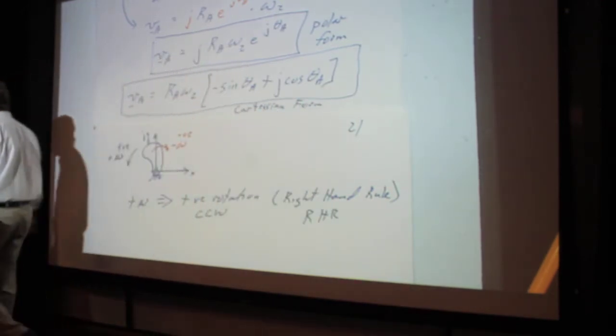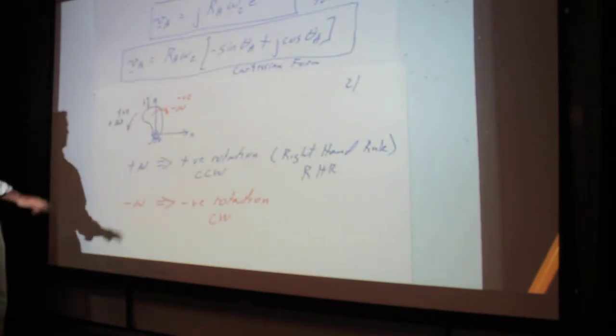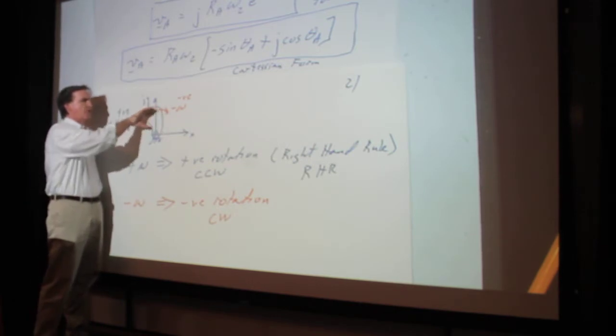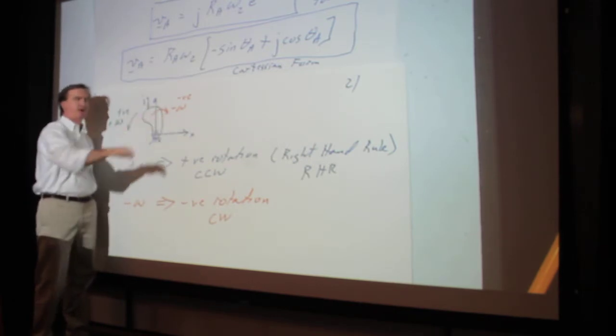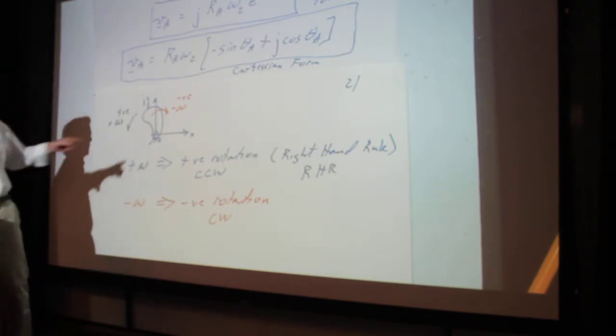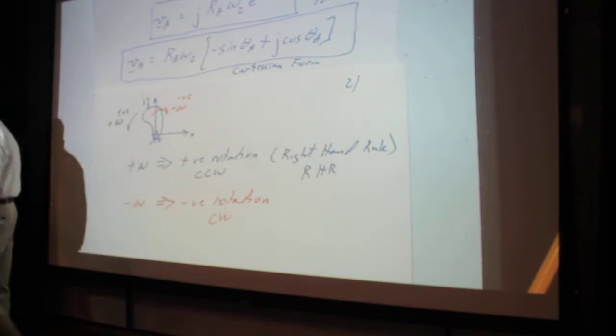Likewise, if you have the negative, that means you have a negative rotation, and it's clockwise. So again, take your fingers and wrap them in the direction of your omega, and if your thumb is sticking into the plane, that means it's the negative direction. So into the plane is negative, out of the plane is positive, and use your right hand to determine that.